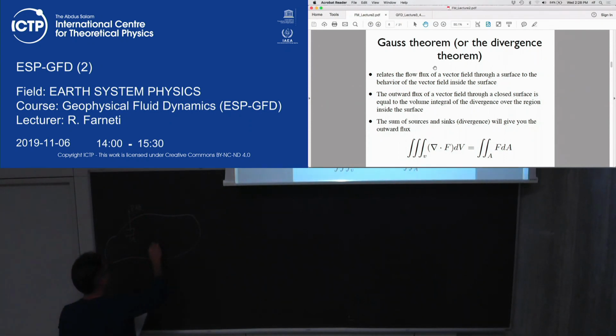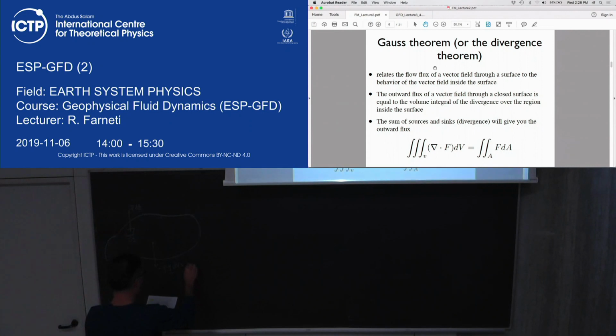And then we have the weight of the element integrated over the volume.